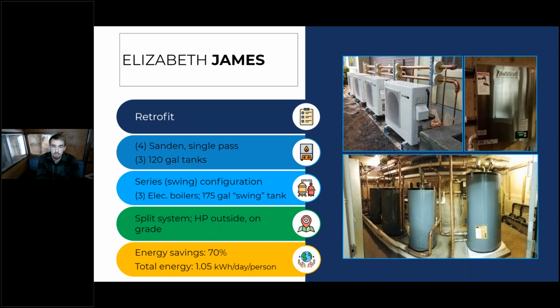So these heat pumps are paired really carefully with this primary storage to ensure that it's operating as efficiently as possible. And then from this primary storage, we have the 150-degree water flowing through our swing tank, our temperature maintenance tank, and then out to the building.